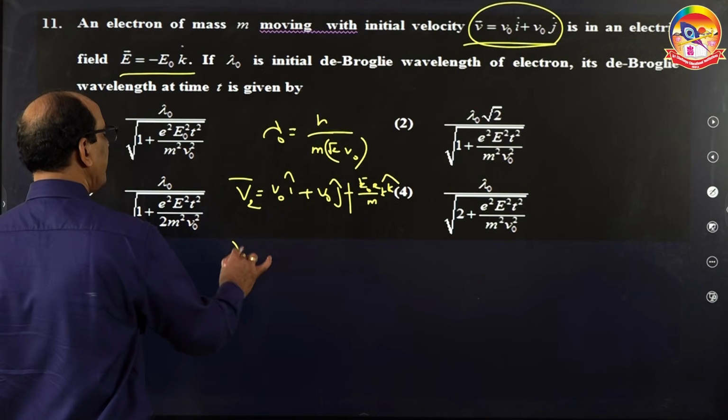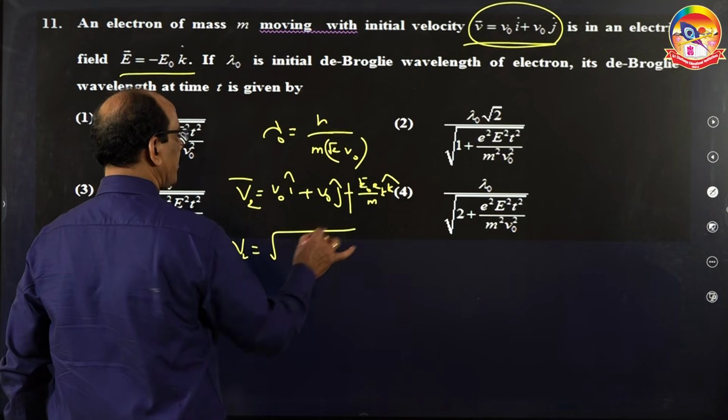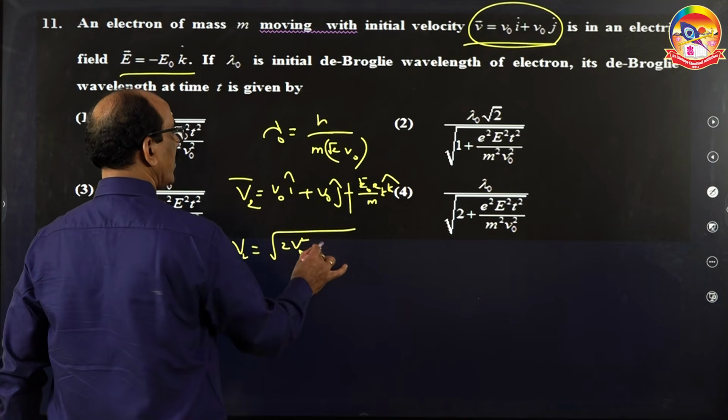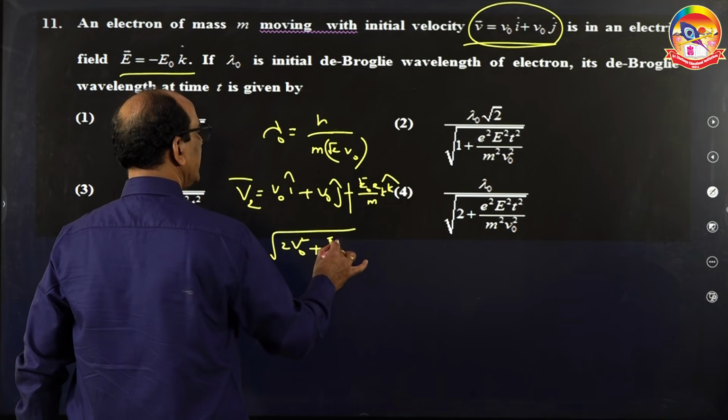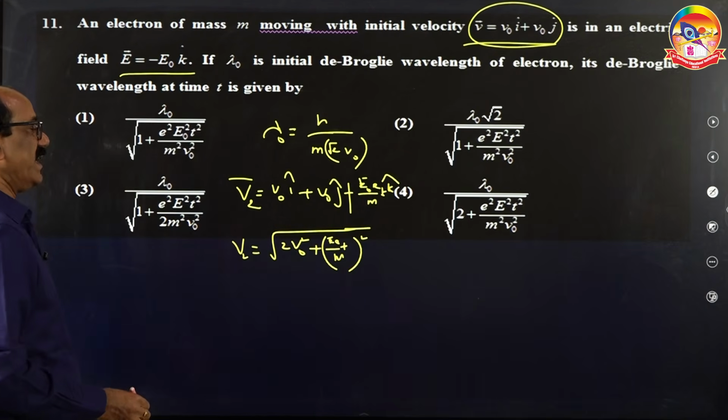So the speed becomes root over v naught square plus v naught square plus this, that is 2 v naught square plus e E by m into t whole square. This is the new speed.